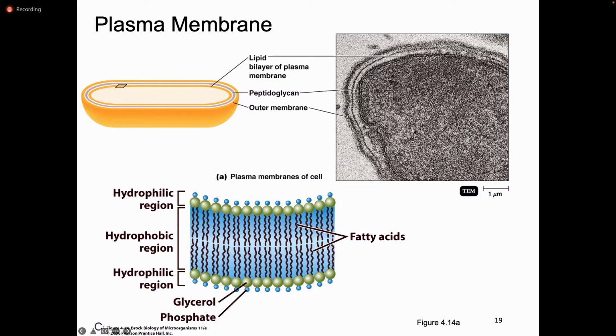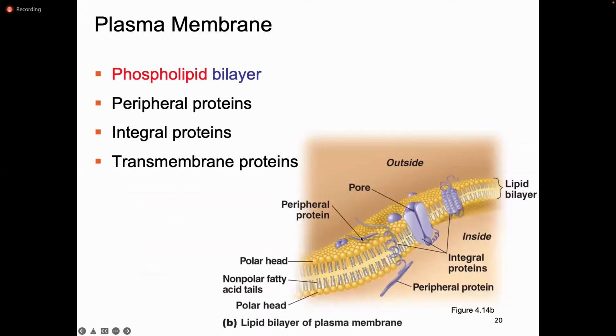But this is not consistent with the physiological studies. The physiological studies think that there are proteins located on different sides of the membrane. You can see, those are on the surface, and those are striding across the plasma membrane.